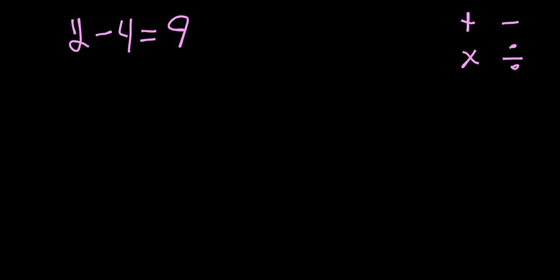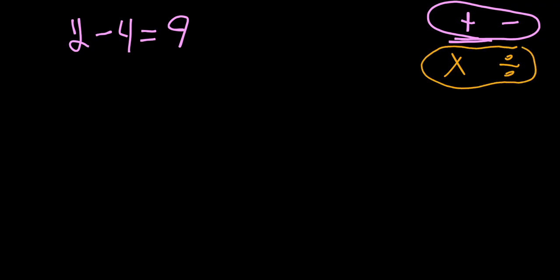These are inverses of each other. Let me simplify that a little bit just so it's clear. We're going to circle plus and minus. Those two are inverses. And then these two are inverses. Opposite operations. Each undoes the other.